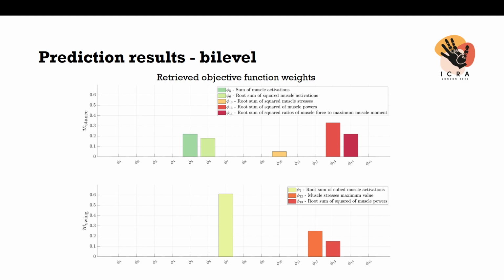Both these cost functions take into account the state of the body. So we can say that there is kind of a taking into account of the current state of the body when choosing what kind of forces we're going to use.